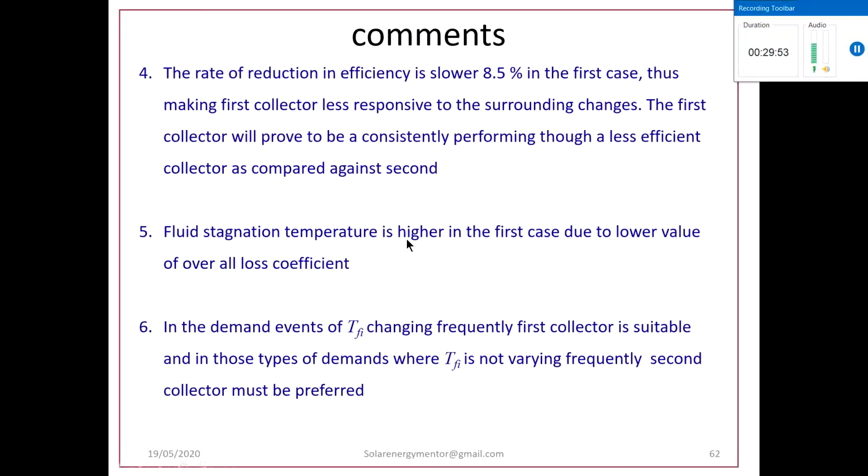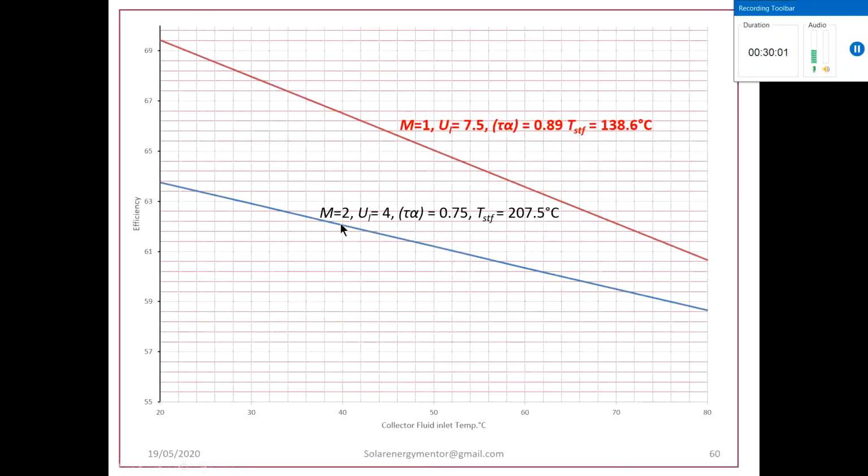Now fluid stagnation temperature is higher in the first case due to the lower value of overall loss coefficient. You can see here the overall loss coefficient is 4 in the first case, and in the second case it is 7.5. So loss rate is higher here, so the stagnation temperature is less. Here stagnation temperature is higher.